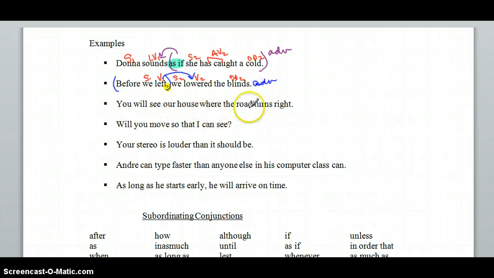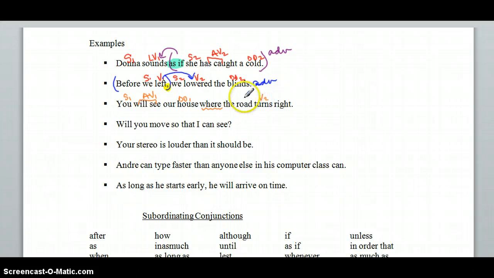You will see our house where the road turns right. Will see, action verb. Who or what will see? You will see. What will you see? House, direct object. You will see our house. That's most likely our independent clause. Here's one of those look closely words. Turns is my verb.